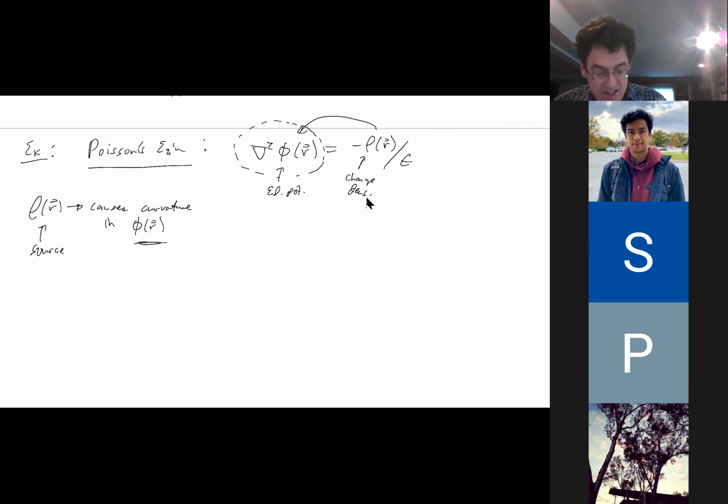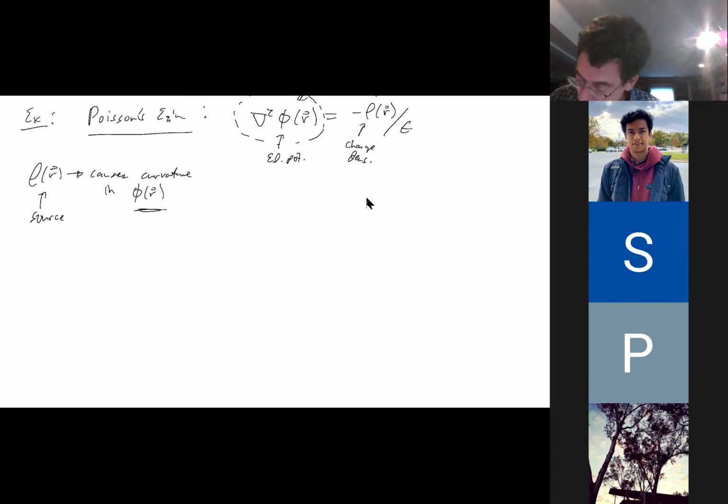Okay, so that's just a way of thinking. And so what we do then, in general, a differential equation is going to look like this.